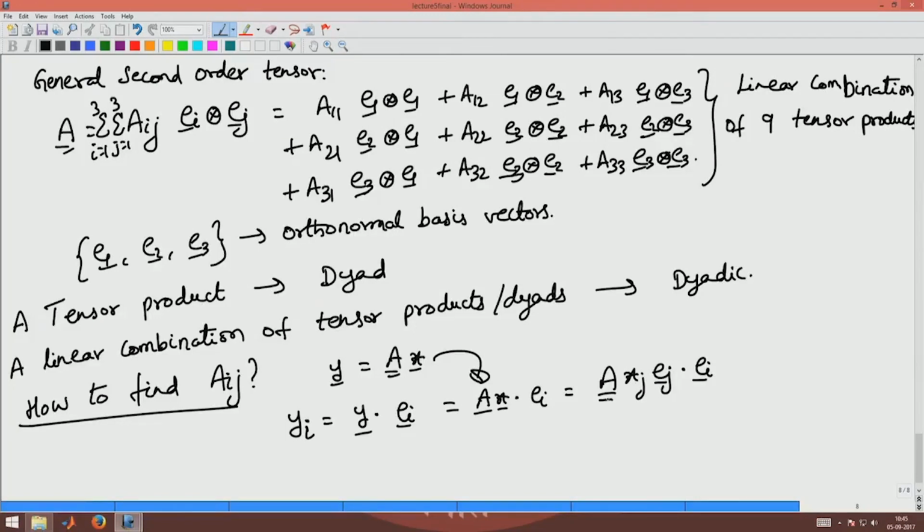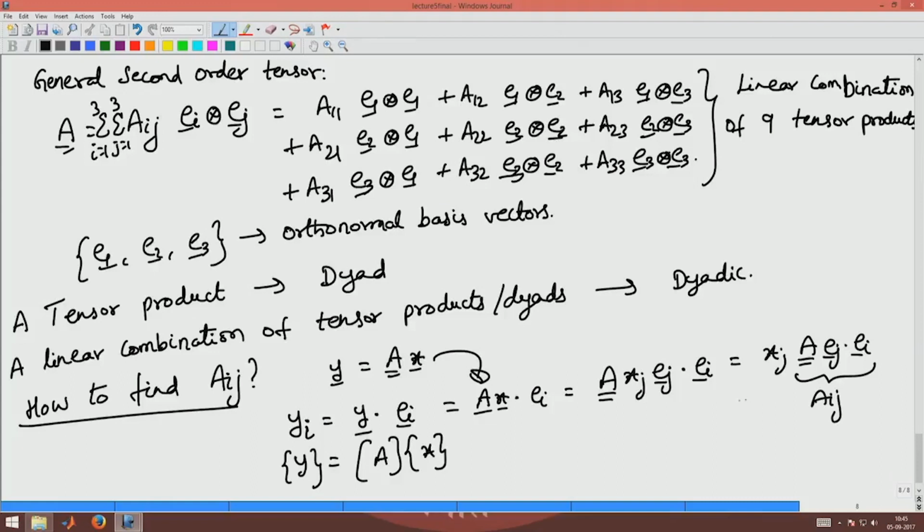That is how I represent x. So xj is a scalar, and I pull it out: A ej dotted with ei. Now if I say this is Aij, then I get this vector yi equal to this matrix A times this vector x, because this is nothing but Aij xj.